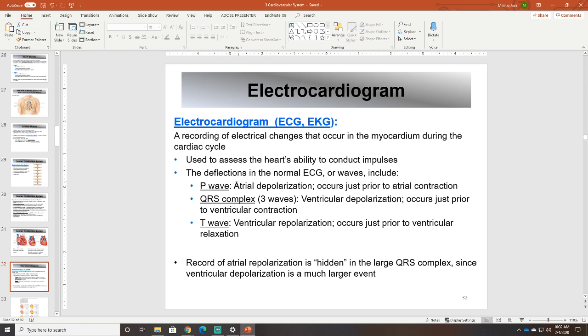But the P wave, all right, is atrial depolarization. When we see the P wave, we're seeing atrial depolarization. And this occurs just prior to, just before atrial contraction. All right. And why is that? It's because what we're detecting are changes in voltage, and we're detecting it across the chest wall, right?